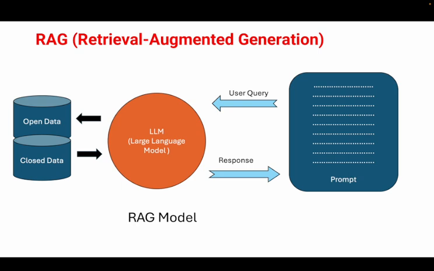It can be various sources of data which is basically the latest information for us to rely on. So first the user query goes to this retrieval of data, and then based on that data, the LLM prepares the response and sends it back to the user.